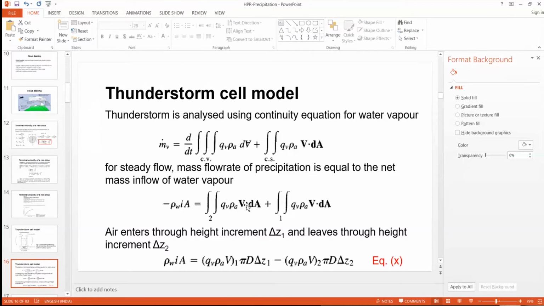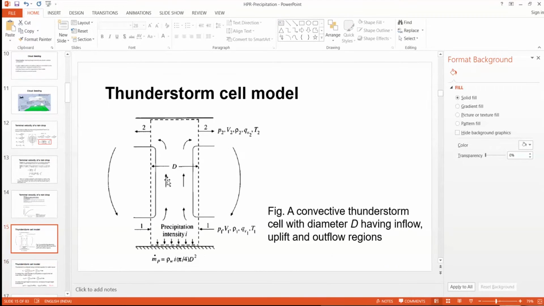So this equation is written here. Then there is the net outflow of mass from the control volume, which is written here. If you look at the figure, this is the control volume. The inflow, that is the inlet size, is equal to Δz1, whereas the outlet size is equal to Δz2, because we are considering only the vertical plane.